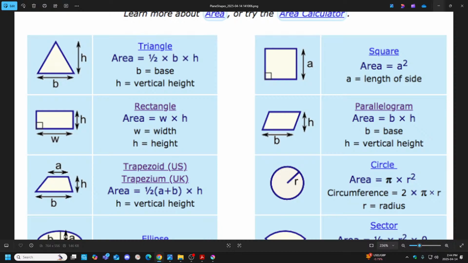I imagine the word equi, E-Q-U-I, is probably some kind of Greek version of equal. I'm assuming, I could be wrong. But it starts off with equi, so I'm thinking equal sides. That's why it's called equilateral.